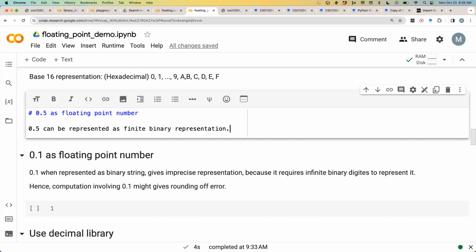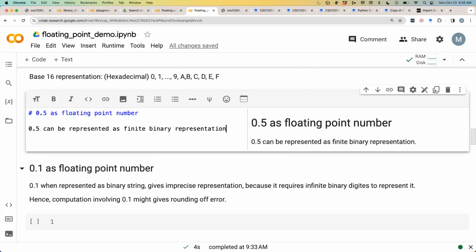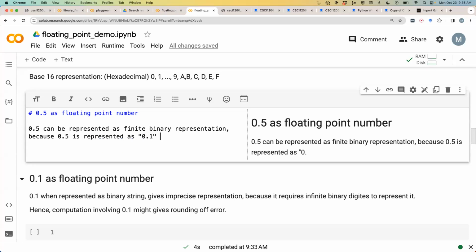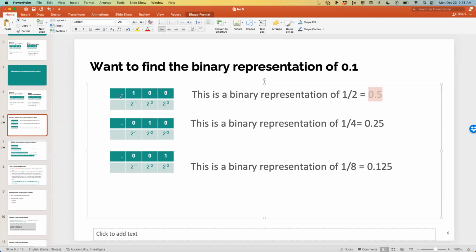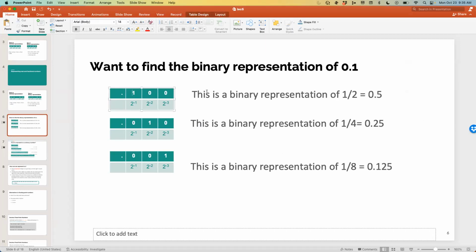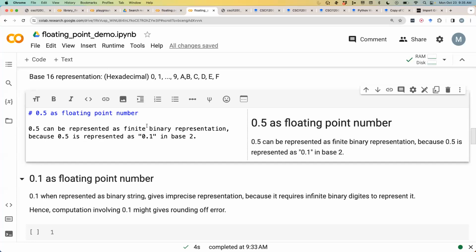There will be no binary error, no rounding off error, because 0.5 is represented as 0.1 in base 2, which we have seen before here. 0.5 is represented as 0.1 and the rest are zeros. Okay, because 1 times 2 to the power minus 1 is 0.5. So it can be represented precisely. Hence, no rounding off error.